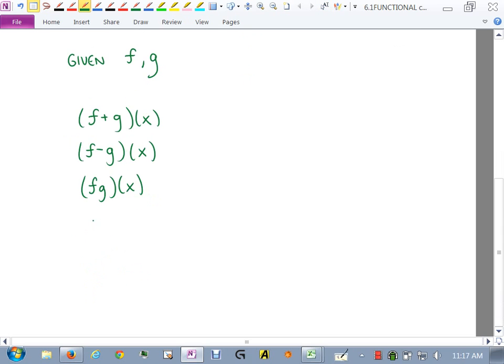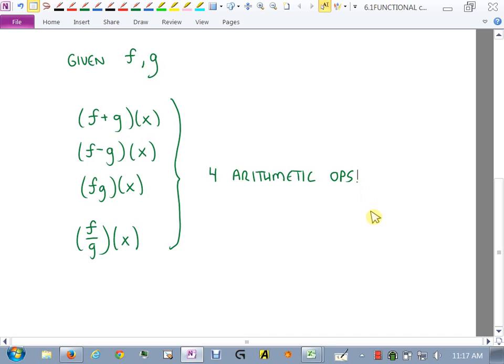And then lastly, f over g would be division, right? These four operations are called our four arithmetic operations, right?